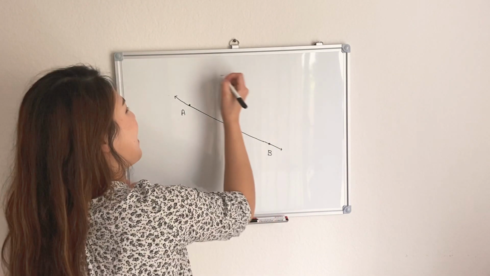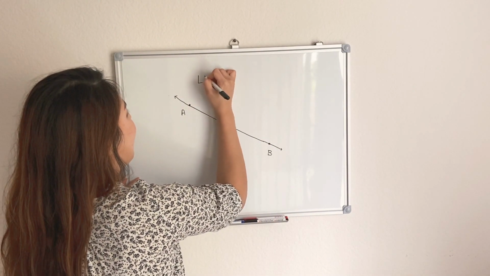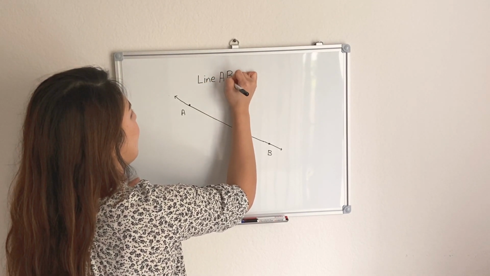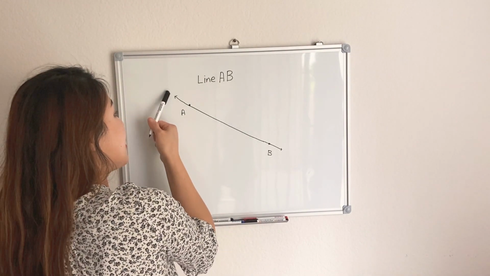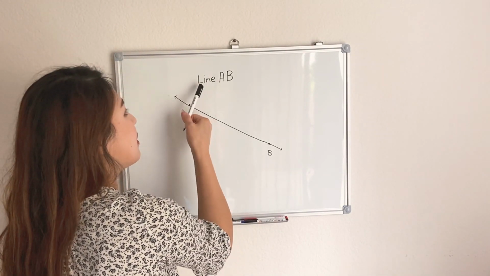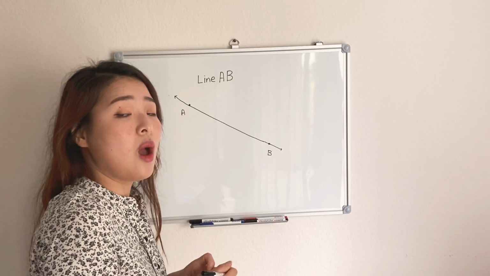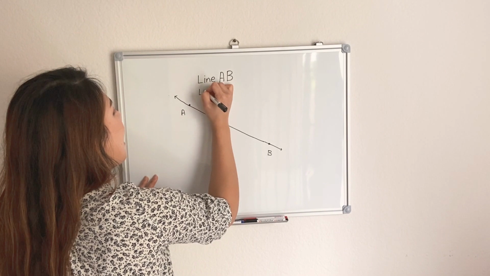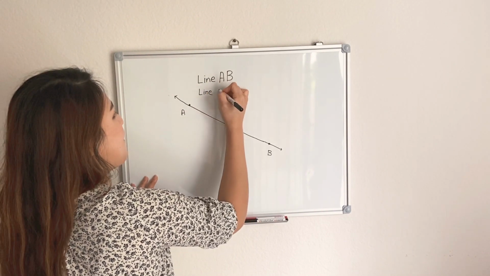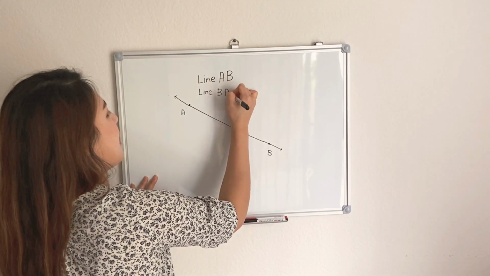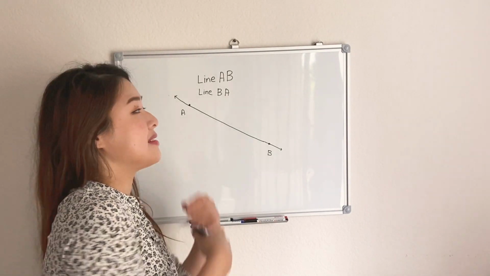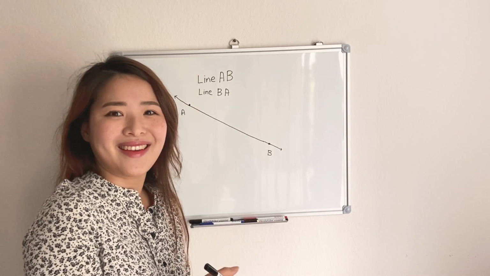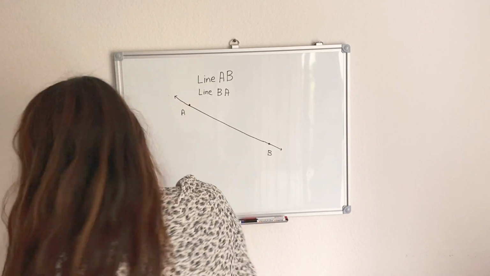We're gonna give this the name line A B, because the line goes past A and B. So it's called line A B. Or we can go from B to A, so we can call it line B A. Now it has a special name, line A B, or line B A. Does that make sense?